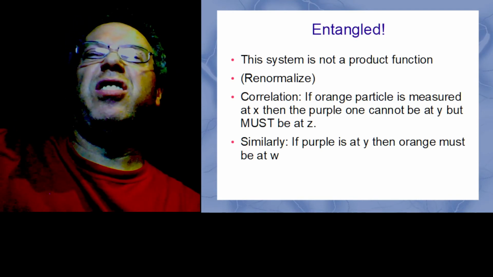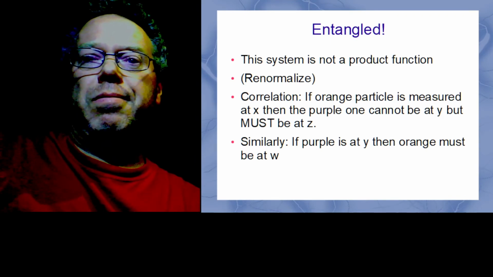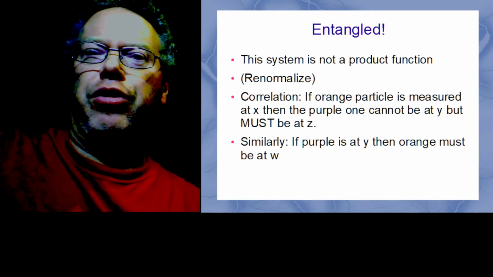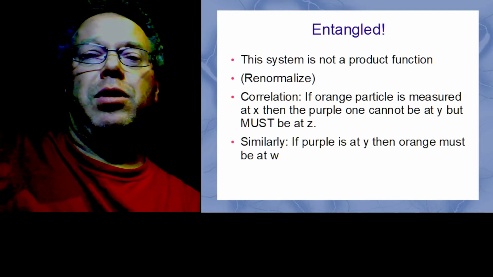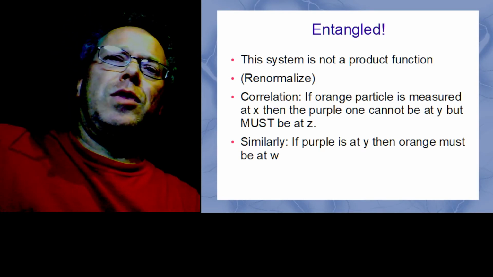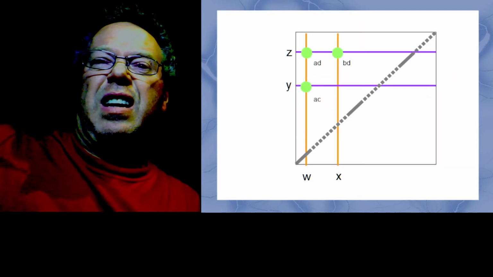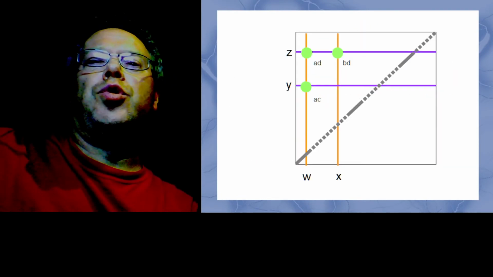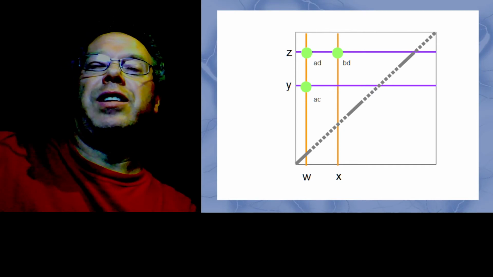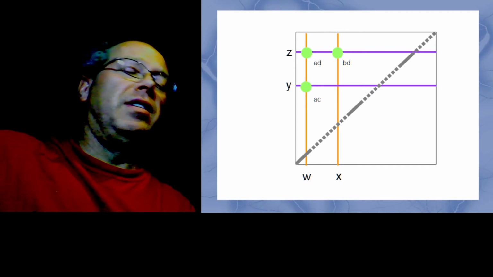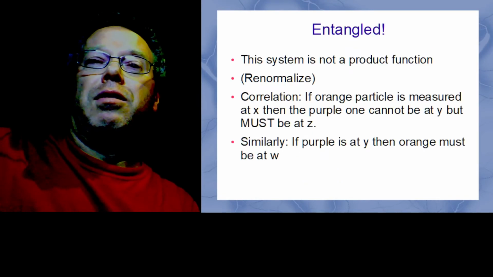Well, this system is clearly not a product function. So if an orange particle is measured at x, then the purple one cannot be at y. It must be at z. So this is an example of how I've just used scalar particles to create qubits and create an entangled state. So at least it justifies that this kind of entanglement is possible.